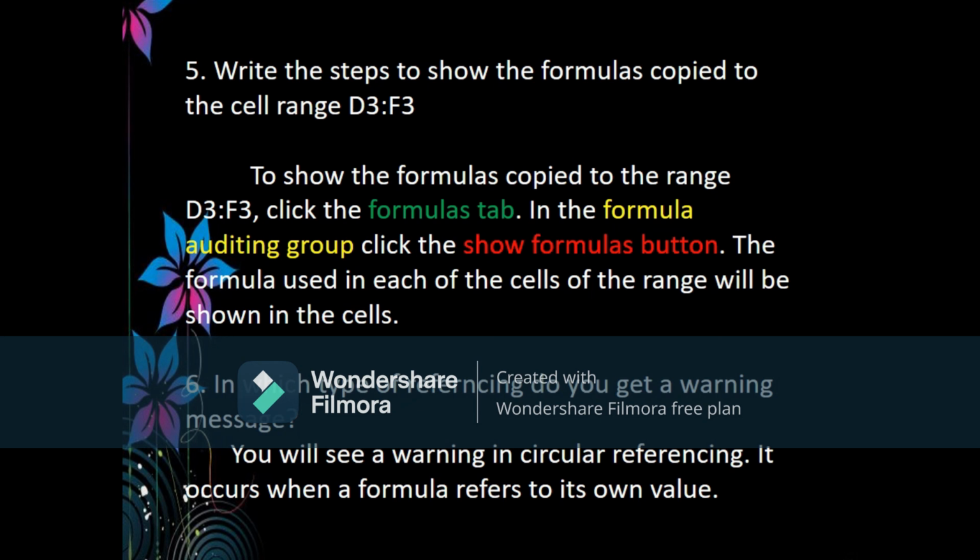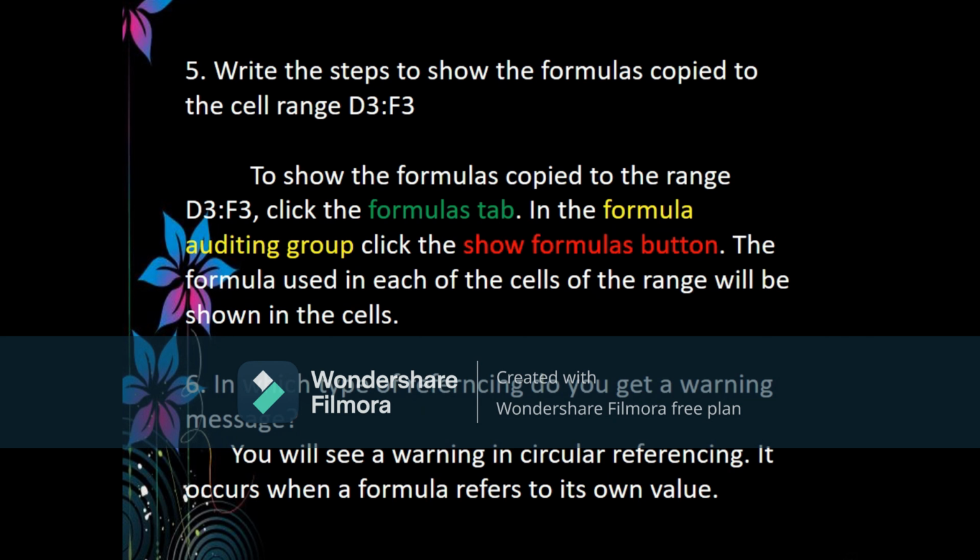Simple. Okay, in which type of referencing do you get a warning message? When do we get the warning message? When a formula refers to its own value. When you see this error, the warning is in circular referencing.